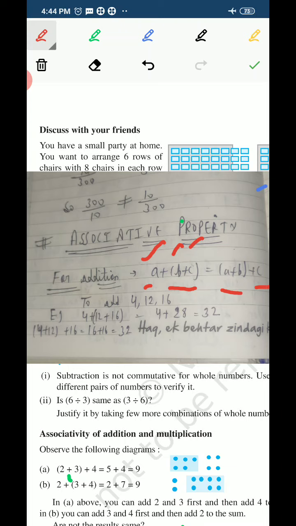So for example, we take 4, 12, 16, and in the first case we associate 12 and 16 and add it to 4, and in the second case we associate 4 and 12 and add it to 16, but in both the cases we get the answer 32, which means associative property is satisfied.